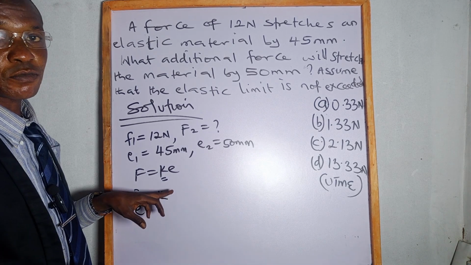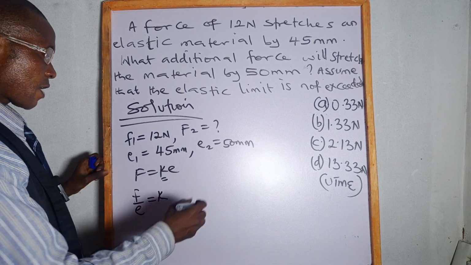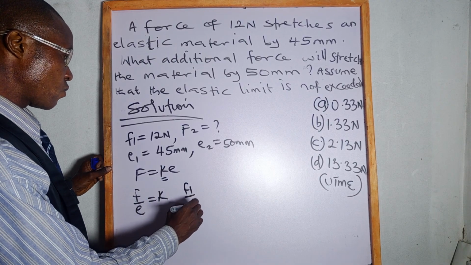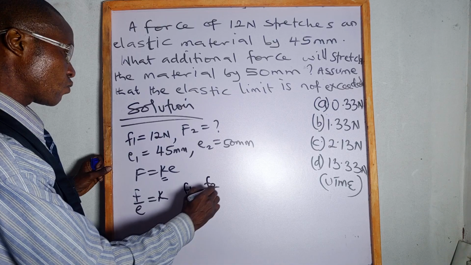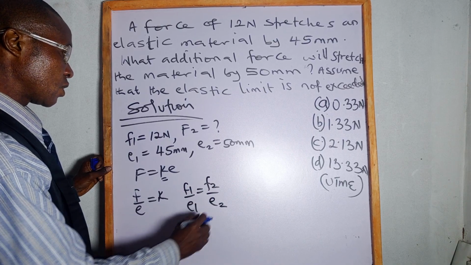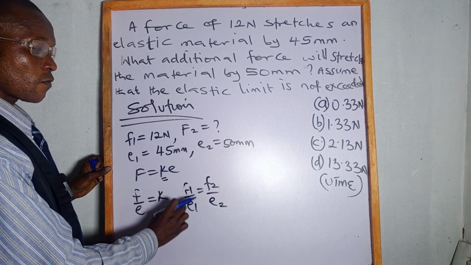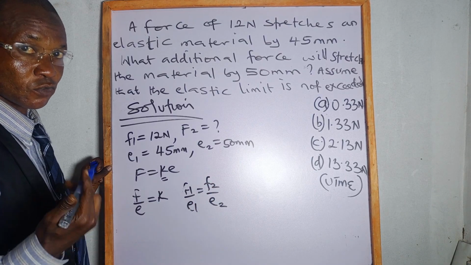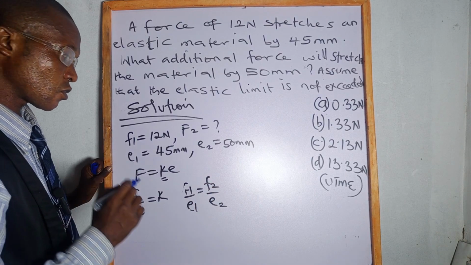That is, the value will not change. So therefore, we can equally have F1 over E1 is equal to F2 over E2. This is the value of the constant in Nigeria, and this is the value of the constant in London. Remember, we have told you that the value remains unchanged.